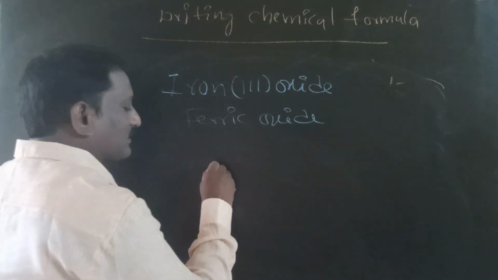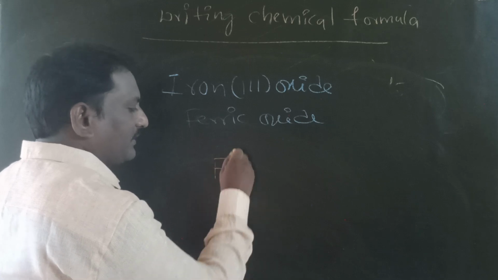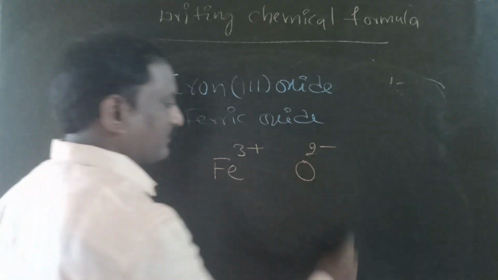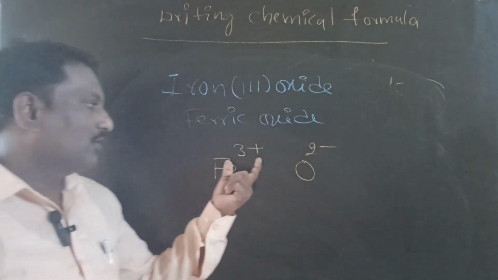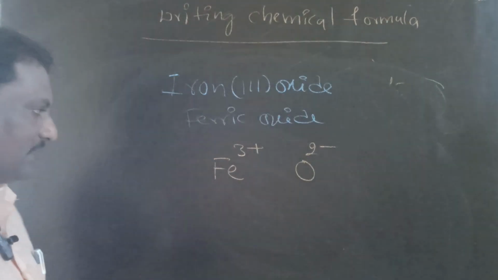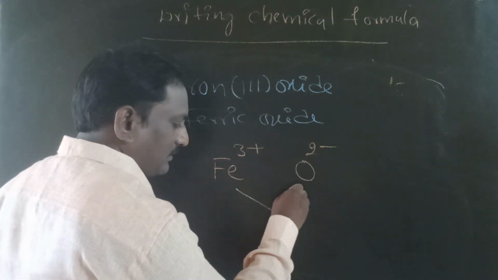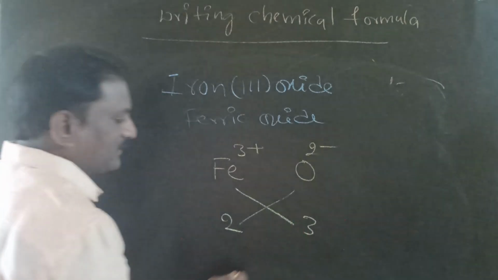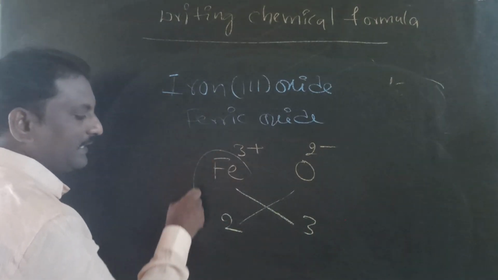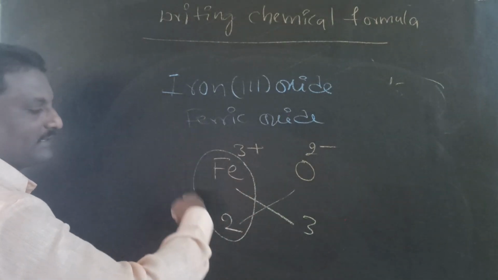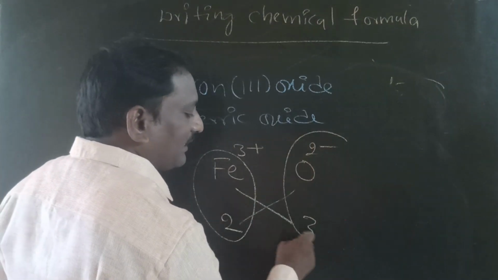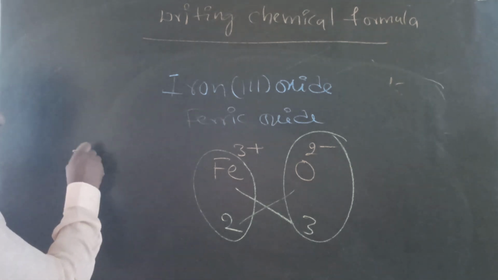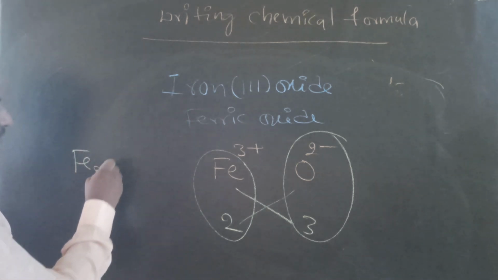So for iron 3 oxide, the ferric ion formula is Fe3+ and the oxide ion is O2-. So these are also not equal in magnitude, so we need to crisscross like this. The 2 must be placed here, 3 must be placed here. That means we require 2 iron 3 ions to neutralize 3 oxide ions. So that's why the formula will be Fe2O3.